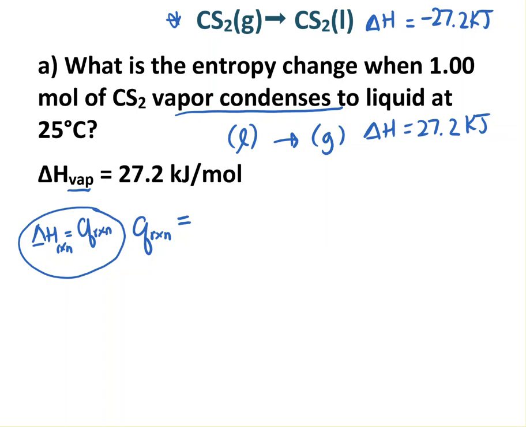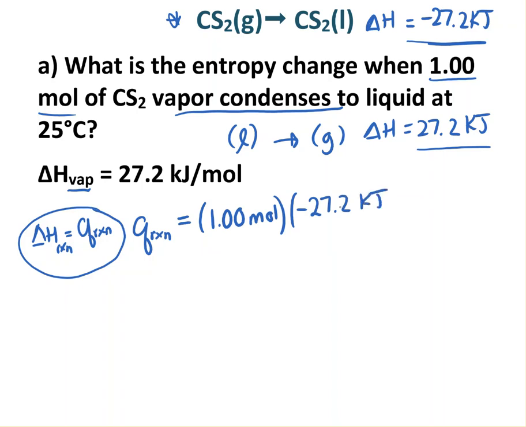And really this is too simple because it's just 1 mole, but I'm going to go ahead and show that in case you have a problem that isn't 1 mole. It's pretty simple. That is per mole.